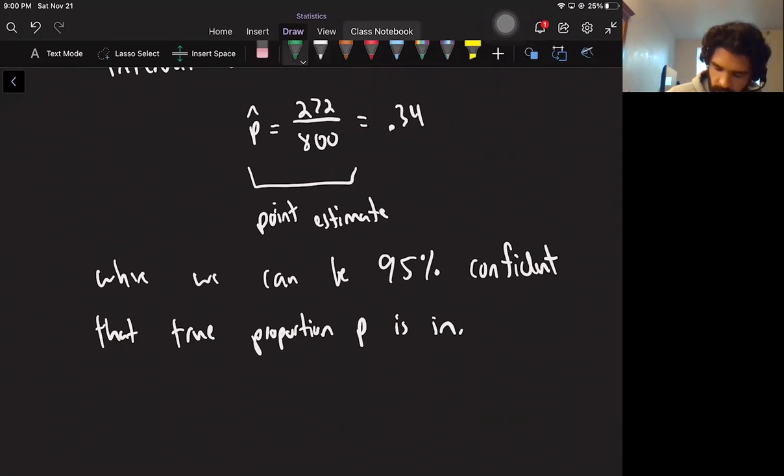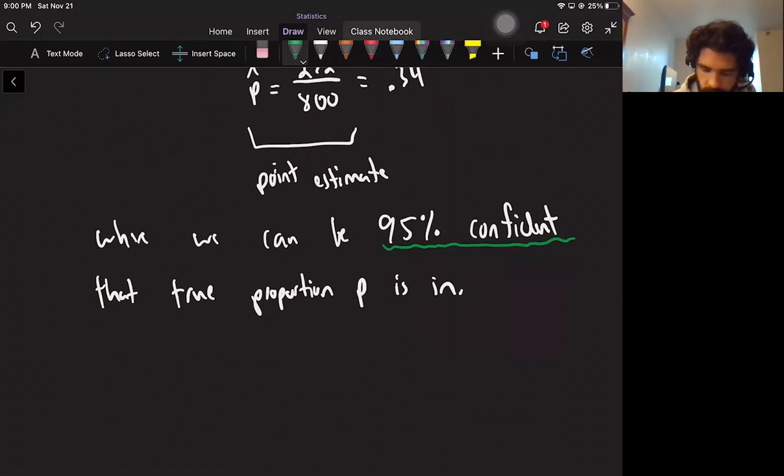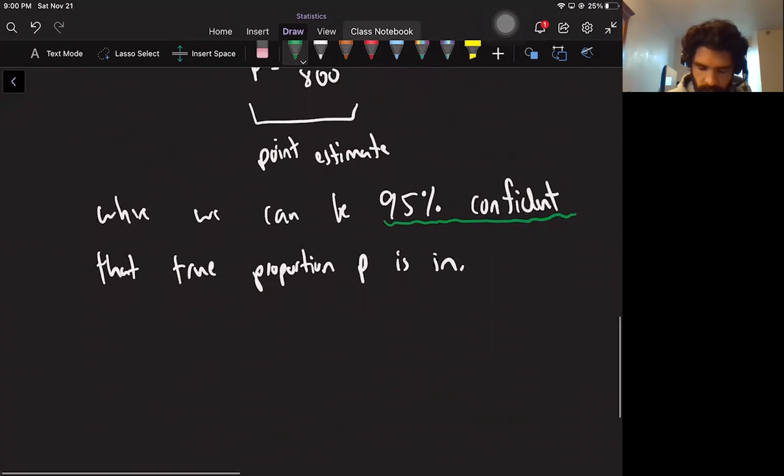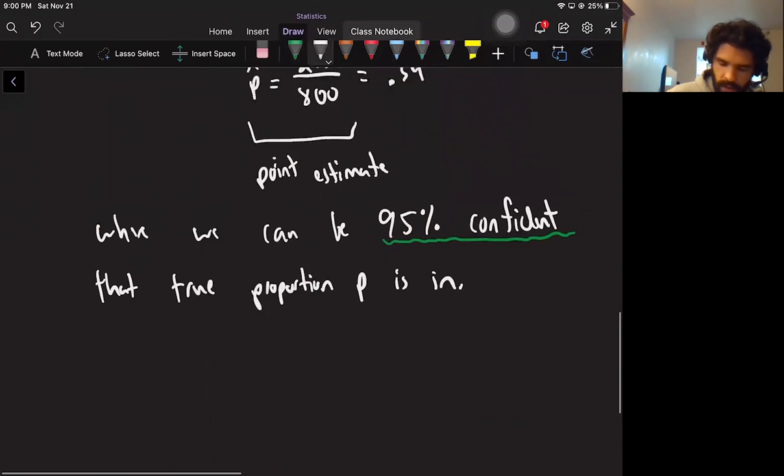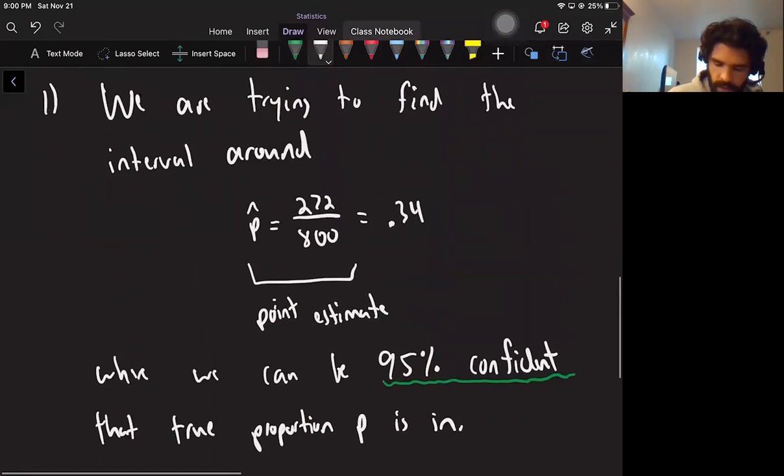And 95% confidence has a real meaning. It's not just like, yeah, I'm really confident, and I'm just saying that with my gut. It has a mathematical meaning, so that 95 will come in later. Okay, so that's what we're really trying to do, but really your first step is just calculating the point estimate, 0.34.